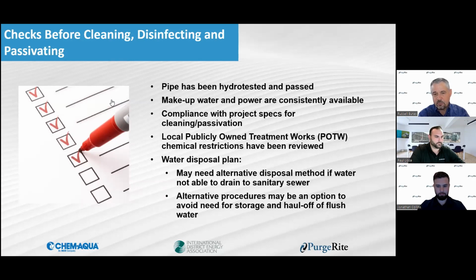But then also, are you ready to turn your house pumps on when you're done flushing and the system has the proper chemistry in it to get that thing going? So this is an issue. Sometimes the power's not readily available, or it's delayed, and these enter into complexities of the projects.